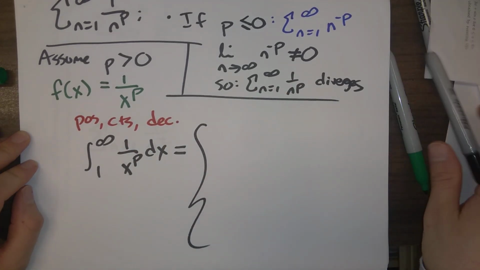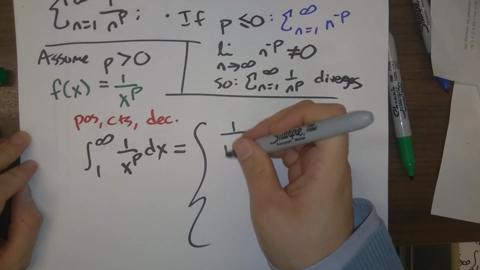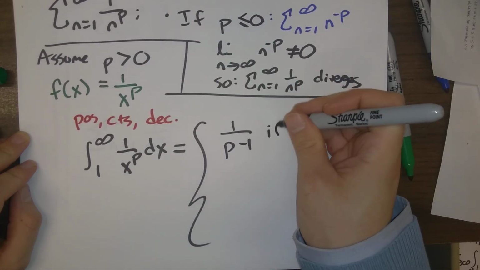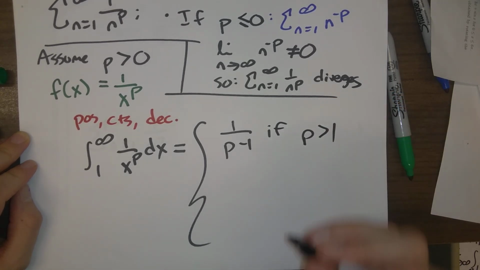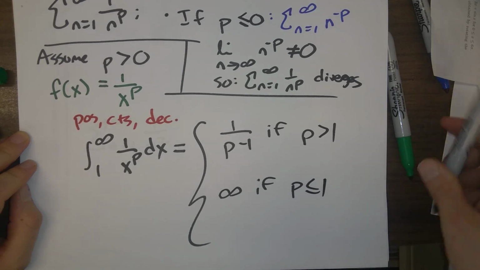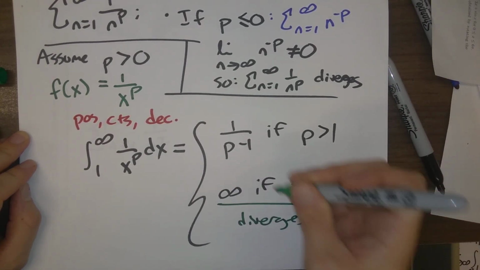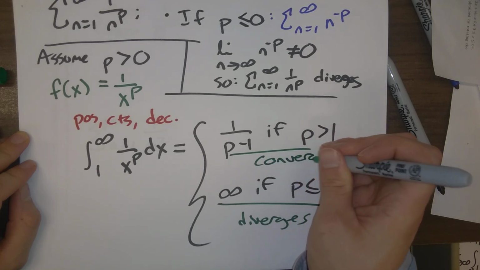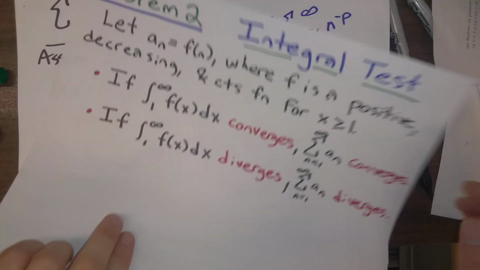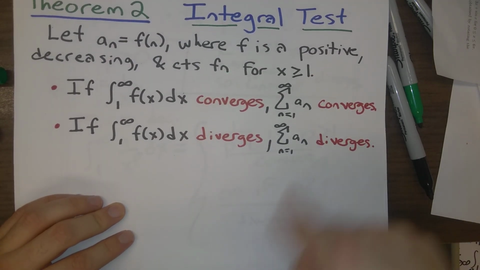And we know this from our section on improper integrals. This is either equal to 1 over p minus 1 if p is greater than 1, or it's infinity if p is less than or equal to 1. And so the second means it diverges, and the first means it converges. By the integral test, the behavior of the integral is exactly the same as the behavior of the series.